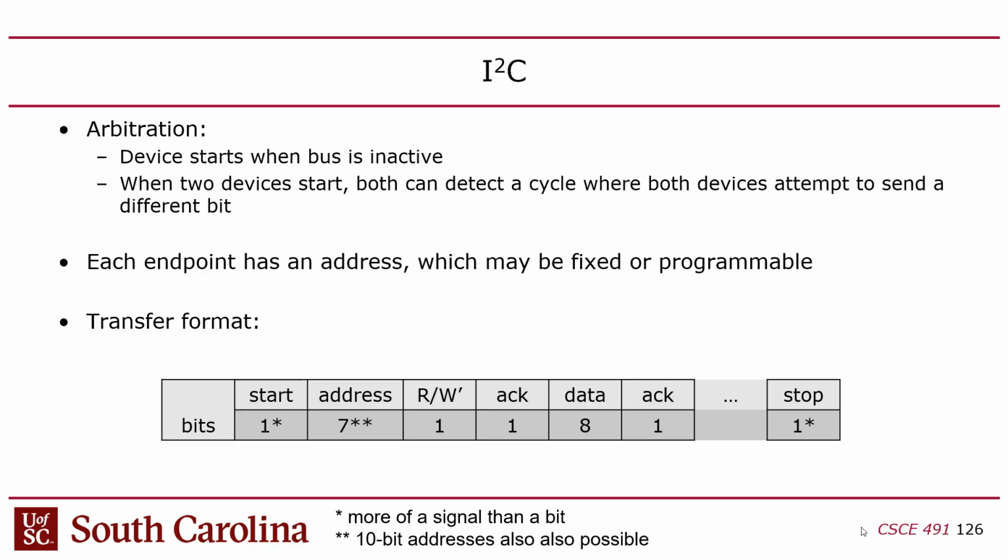And then there's a stop. The stop is like the start, where the way stop works is you just take the... in this case, it's the clock, and what is it? The stop?